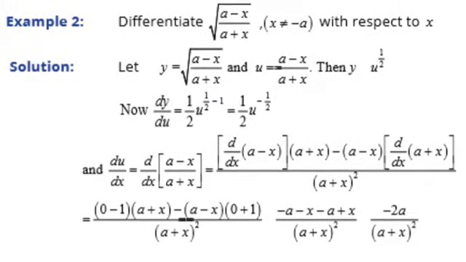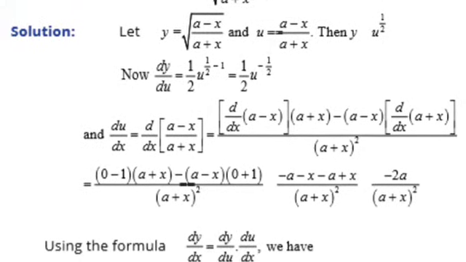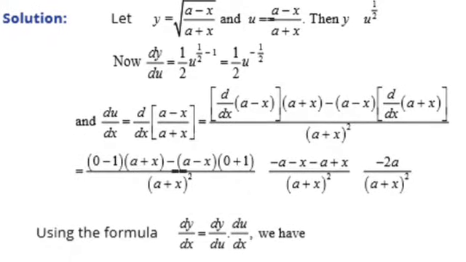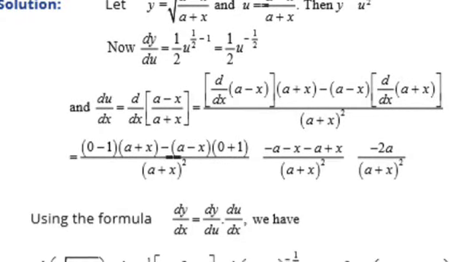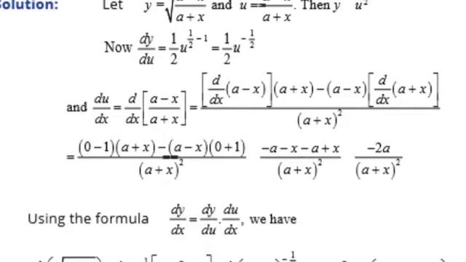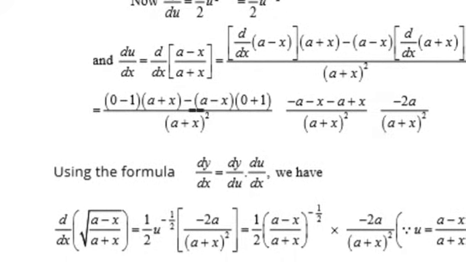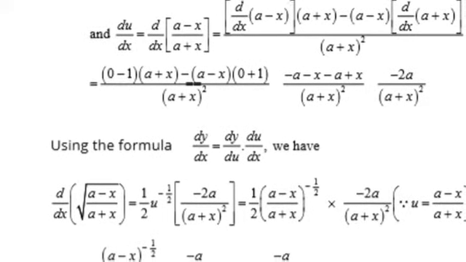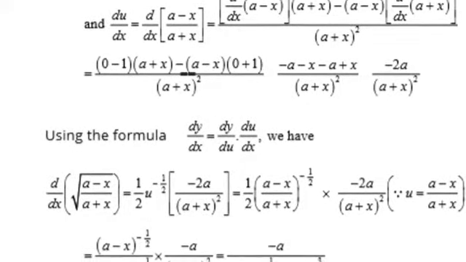Then we differentiate u, a minus x over a plus x, with respect to x. Here we apply the quotient rule. The derivative of a is 0 and the derivative of x is 1, and then we simplify, and put both these values in the chain rule, dy by du and du by dx.